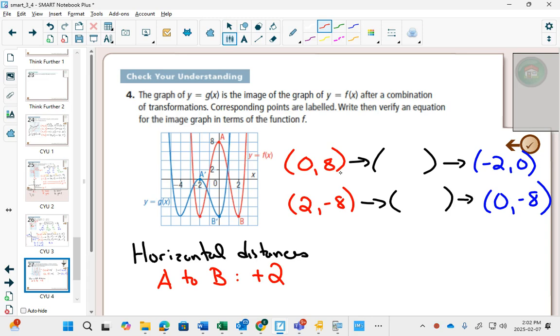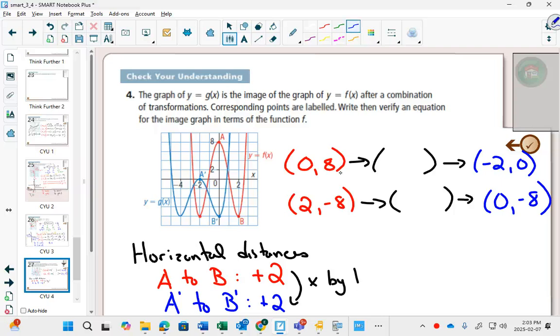Then I go to my blue graph, and check what happens if I go from A prime to B prime. It's also 2 units to the right, which means nothing's happened horizontally. You're multiplying x by 1. You don't have to do anything for horizontal, because you're multiplying by 1, nothing's changed.